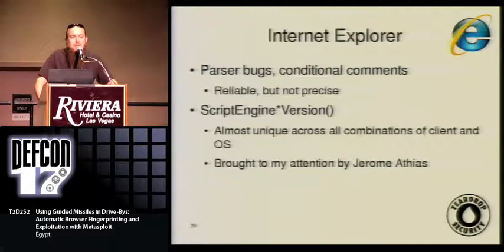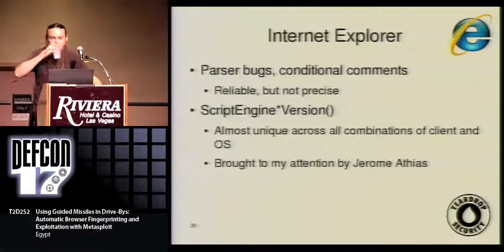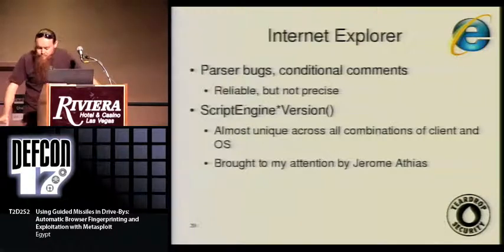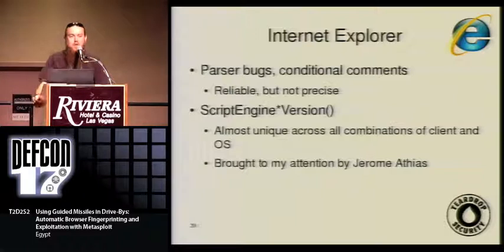Luckily, Internet Explorer gives us these awesome functions called ScriptEngineMajorVersion, ScriptEngineMinorVersion, and ScriptEngineBuildVersion. The great thing about these three functions is they're almost unique across all combinations of OS and client.